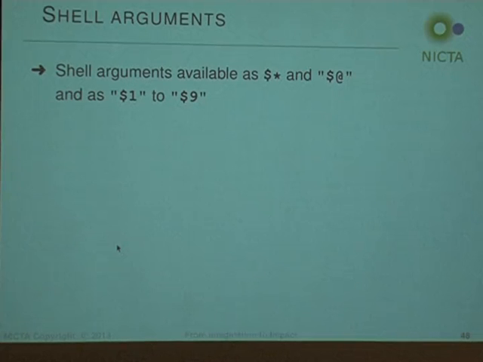Your shell arguments are available to you either individually, the first nine as $1 through $9, or as a complete set, either as $*, which throws away any spaces and unquotes everything and is not very useful, or as $@, which if you put it inside quotes becomes effectively "$1" "$2" "$3" and so on, with a single space in between each one.